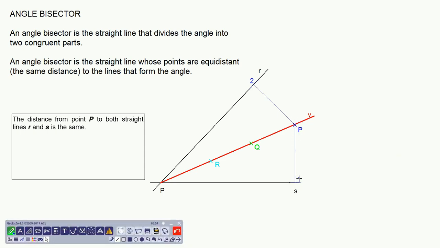So the distance from point P to point 1 is the same as the distance from point P to point 2 on lines S and R.